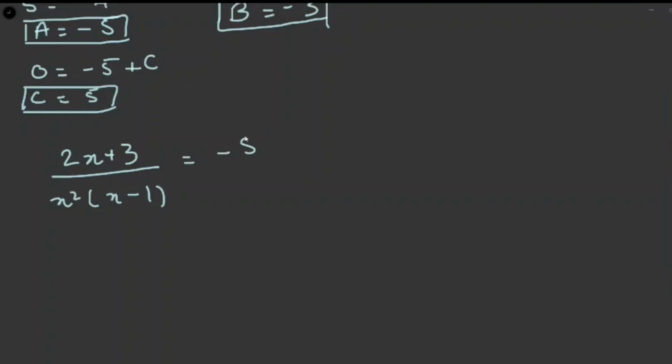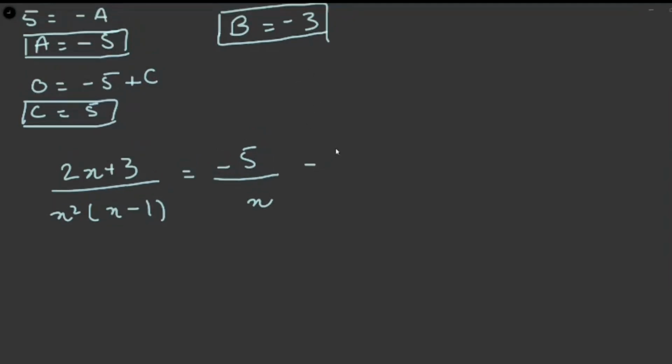We would replace our a here, then we get minus 5 over x, and we would replace our b here, and we would get minus 3 over x squared, and we would replace our c here, and we would get 5 over x minus 1.